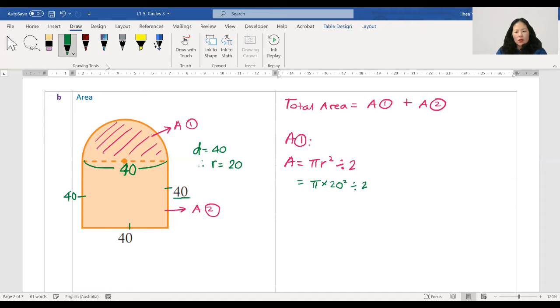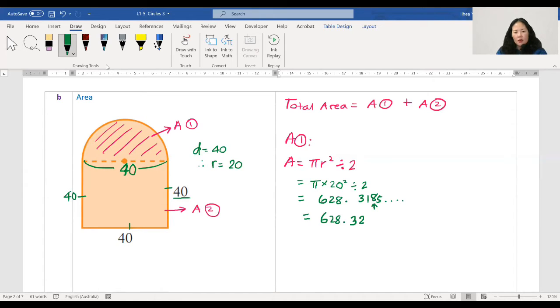Okay, so that's my area 1, and that will be 628.3185, and I'm going to put it in 2 decimal places, 628.32, because the third number is bigger than 5.